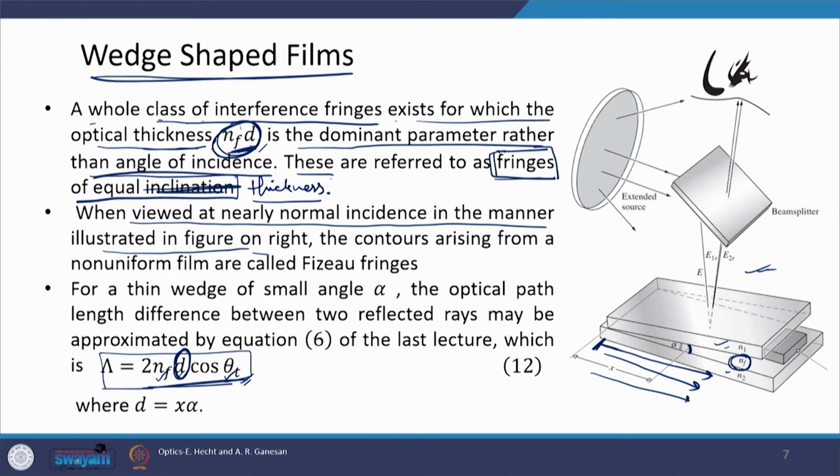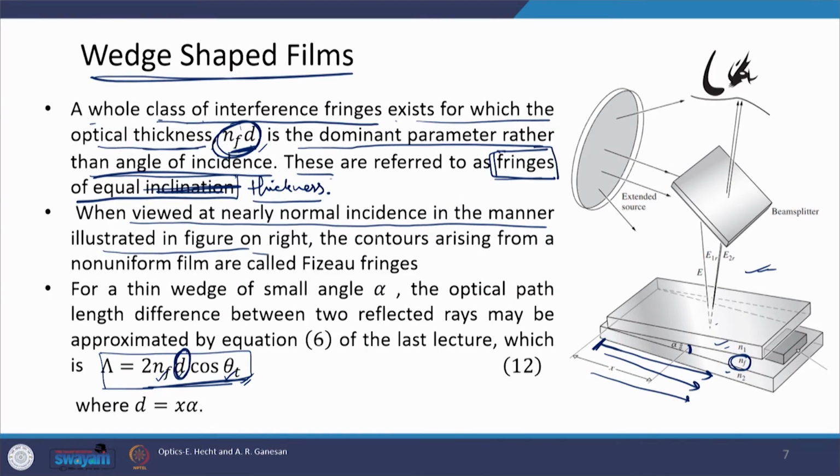This film thickness is increasing as we move away from the line of contact between the two plates, then we see that thickness of the film is increasing slowly and this angle is kept very small. Now, if we make a beam incident almost normally to the first interface of this wedge-shaped film, then we again get some type of interference pattern due to multiple reflection and transmission here.